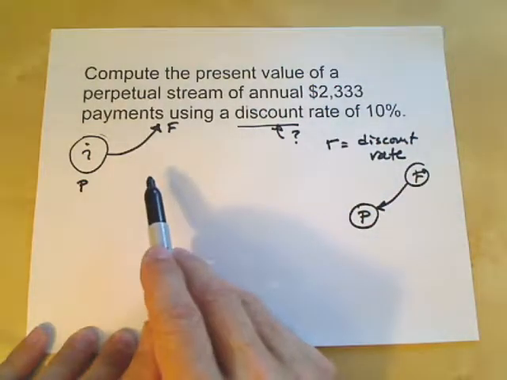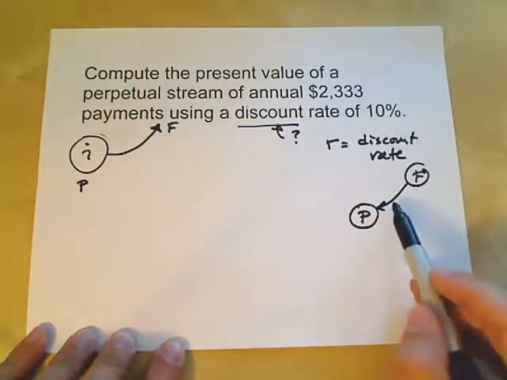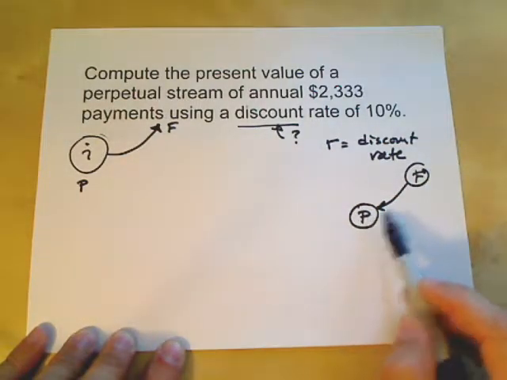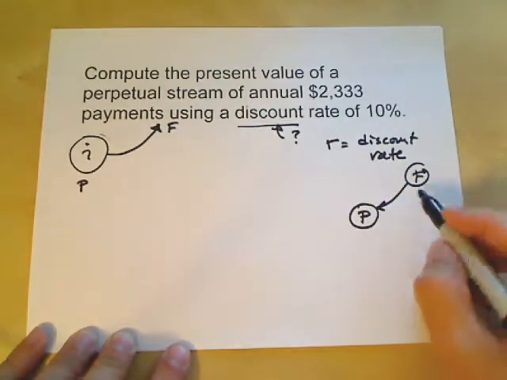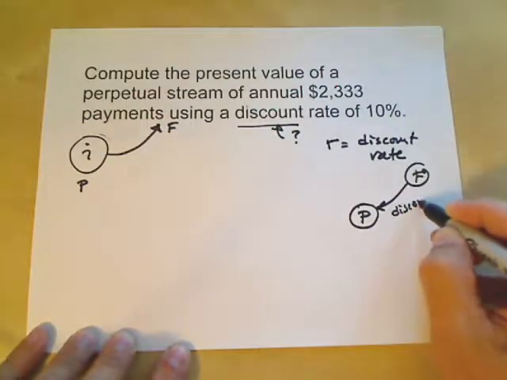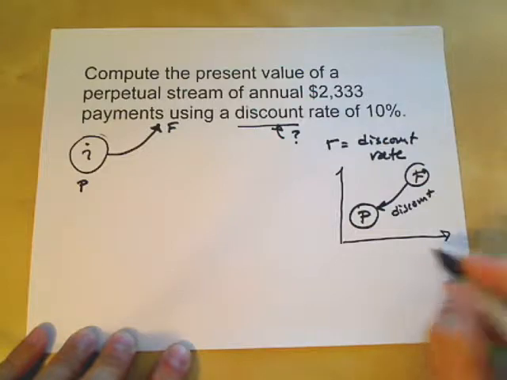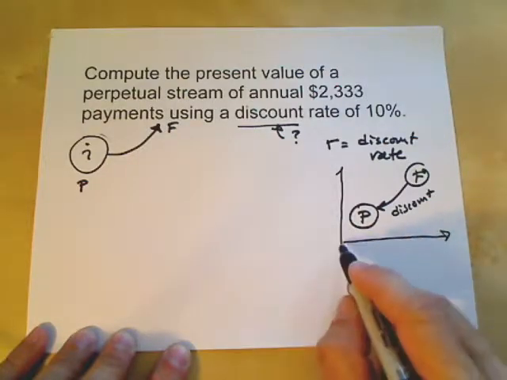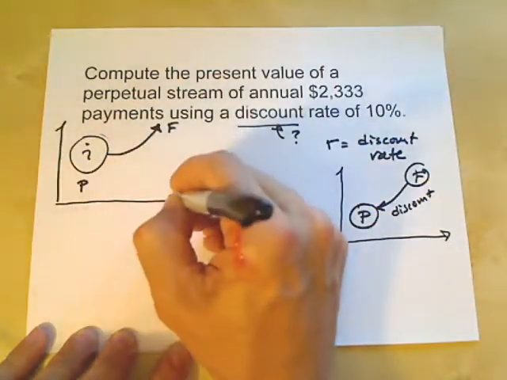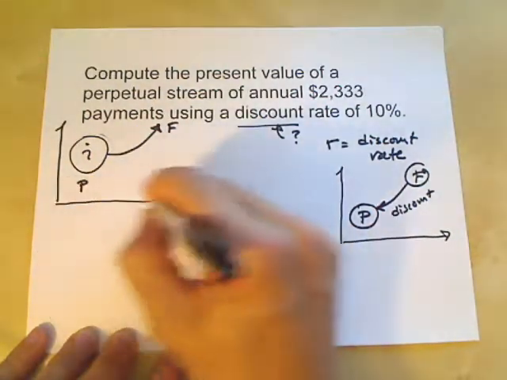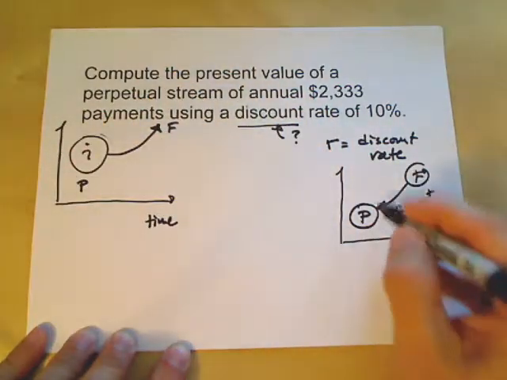They're interchangeable mathematically, but we think about them differently when we're anticipating what we would pay today for a future value. We're thinking about discounting that future value. And the weird thing is, typically we think of time going forward to the right, not to the left. When I drew the graph about how a bank balance grows, time is going forward and F is larger than P for positive interest rates.